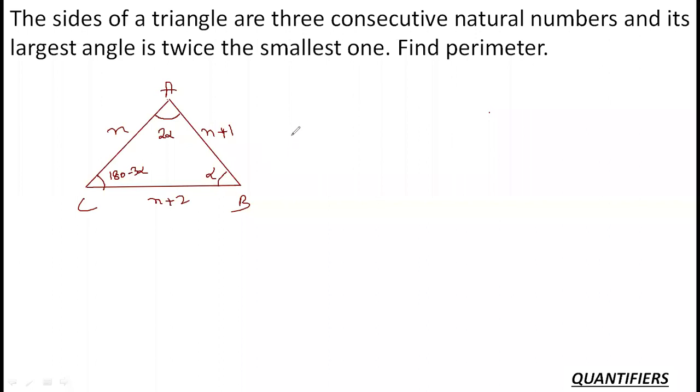I am basically getting n plus 2 upon sine 2 alpha is equal to n upon sine alpha, which is nothing but equal to n plus 1 upon sine 3 alpha. Okay. So this is the common relation.